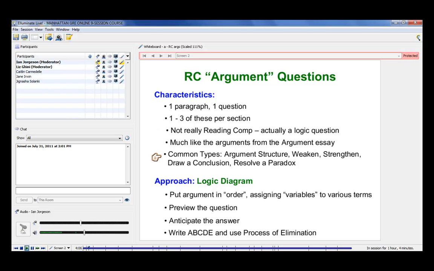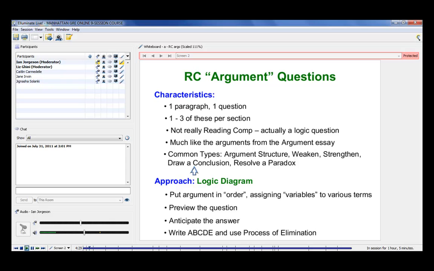There's a couple of common question types. They oftentimes ask us to do things like weaken or strengthen an argument. Sometimes they ask us to resolve a paradox, which is a very strange type of question, but we'll take a look at that in a minute. Sometimes they ask us to discuss the structure of an argument. And in addition to that, they'll often ask us to draw a conclusion or draw an inference.